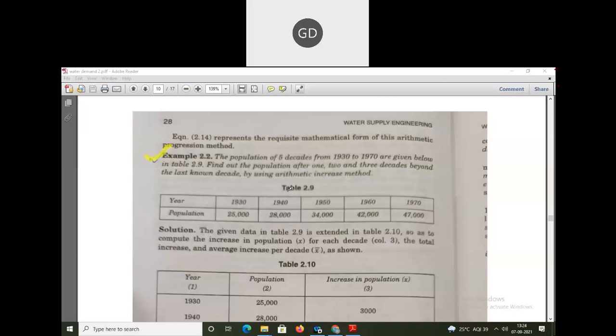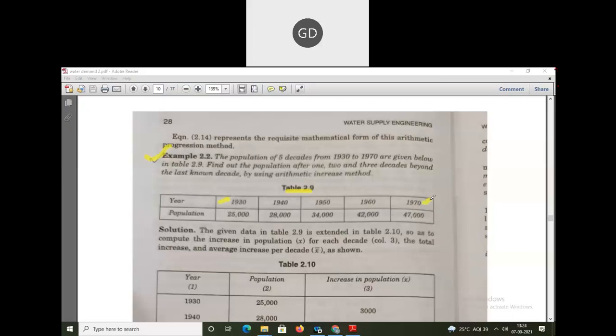Find out the population after 1, 2, and 3 decades beyond the last known decade by using the arithmetic increase method.